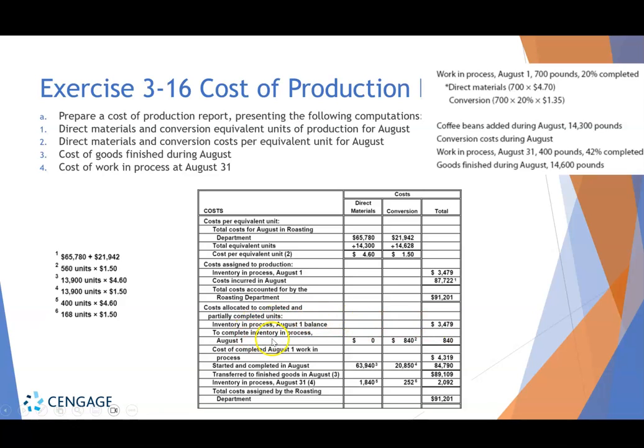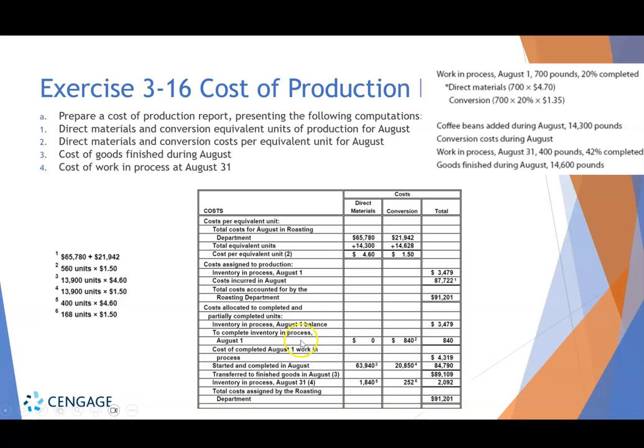Cost allocated to complete and partially completed units at the beginning was $34.79. To complete inventory and process, we had to look at the 560 units at $1.50 that we see right here, the cost per equivalent unit. So cost of completed August 1st work in process is the $43.19.